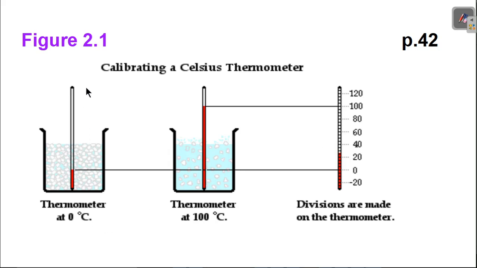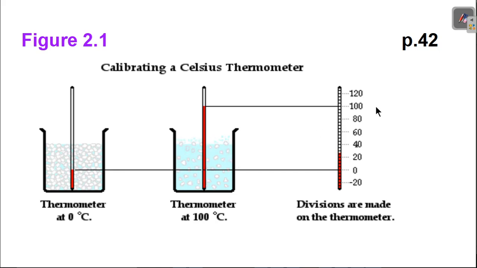So you leave the thermometer in the ice water, and you leave it there for a few minutes until the liquid, the alcohol, stops moving. Where it stops, that's going to be your 0, because you know that solid ice is at 0 degrees Celsius. So if it stopped moving there, that thermometer now is at 0. Now you put the thermometer in boiling water.